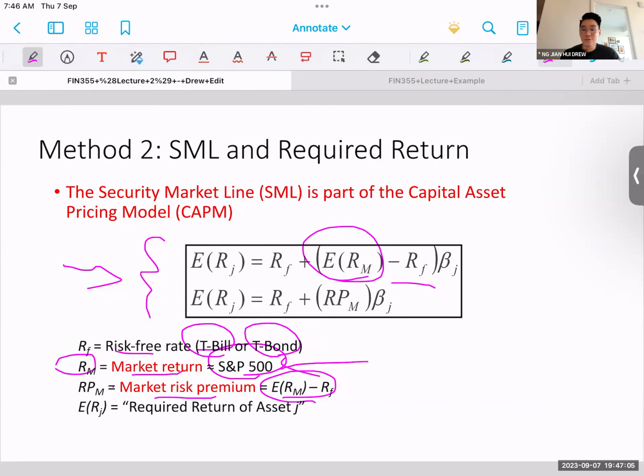There's no such thing. So a lot of the time you need to come up with justification of why you choose a risk-free rate. Should you choose the S&P 500 if you are valuing a Singapore firm? No, you cannot use that. Maybe you use the Straits Times Index. So you need to be able to substantiate choosing the various components to fit into your formula.